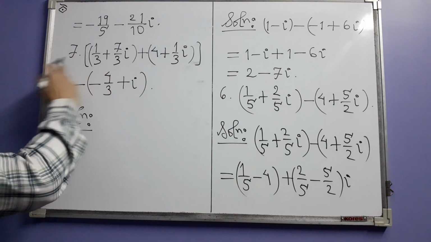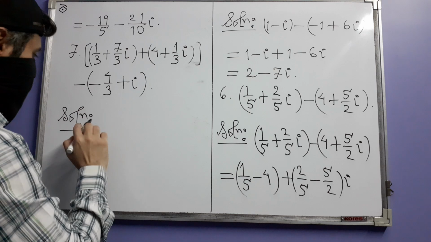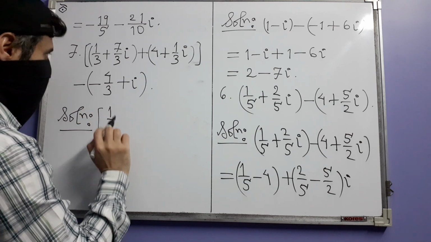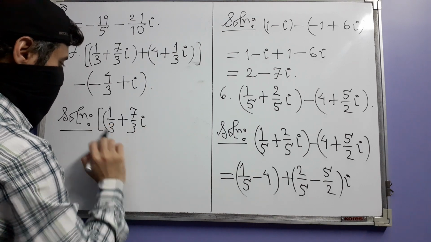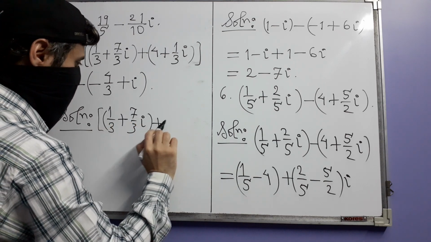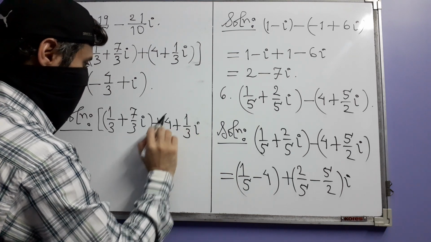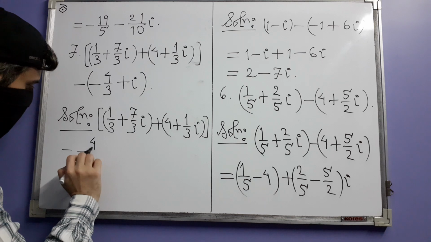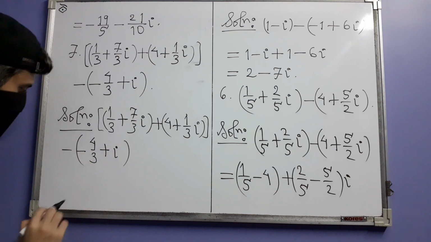You can actually do it at once, although you see a set of brackets here. Seven over 3i plus 4 plus 1 over 3i minus 4 over 3 plus i.